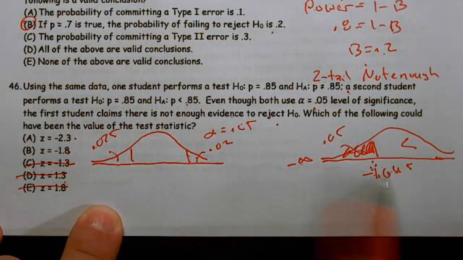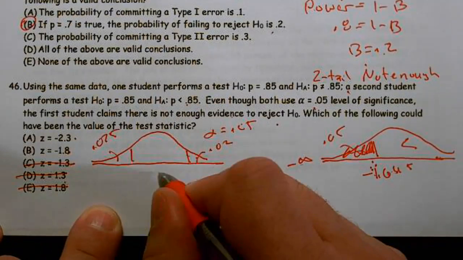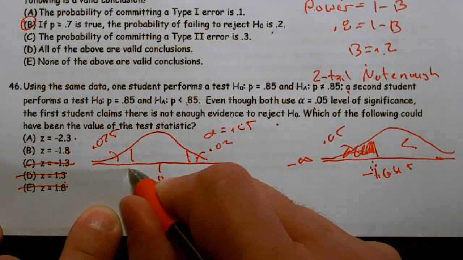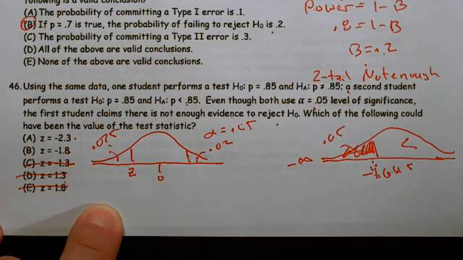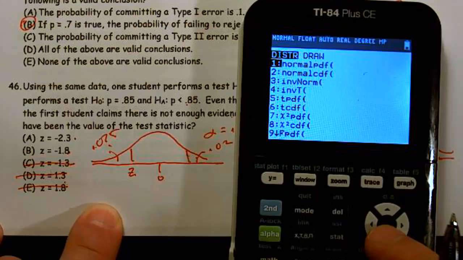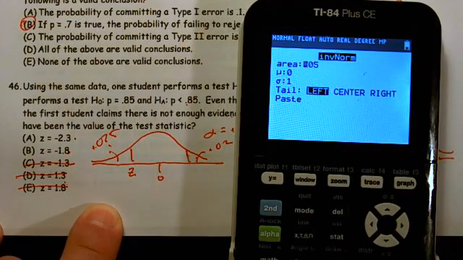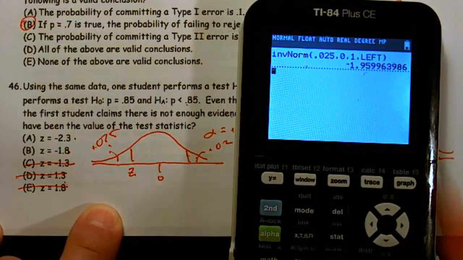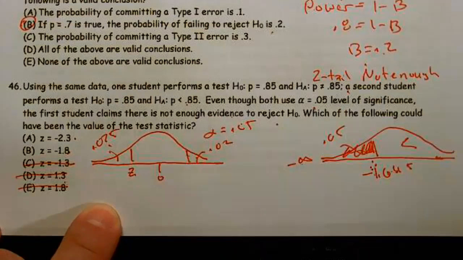So he rejected, but this one didn't. So I need to get the z-score associated with 0.025. So second VARS inverse norm, 0.025, and I get negative 1.96.